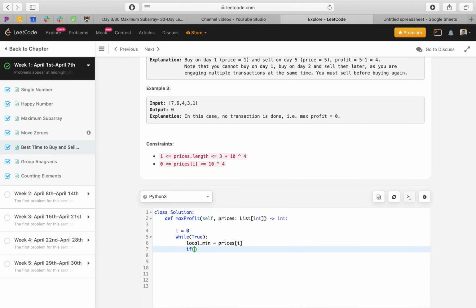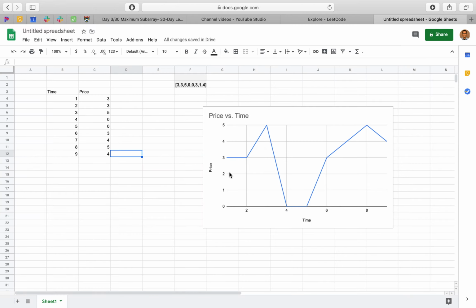So what is the definition of local min? A local min is a point that is low. It's a point that is lower than its neighbor, or the same level as its neighbor.